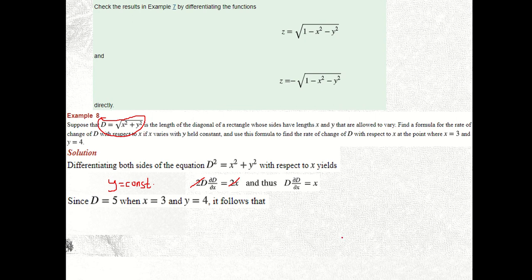So when d is equal to 5, we substitute into this equation: 5 times the partial derivative of d with respect to x when x equals 3, y equals 4, equals 3. So the partial derivative of d with respect to x can also be equal to 3 over 5.